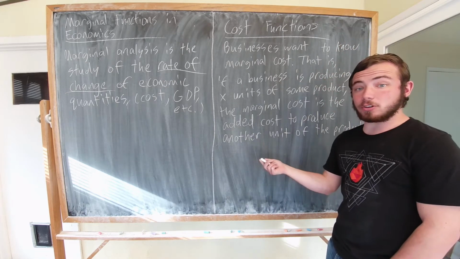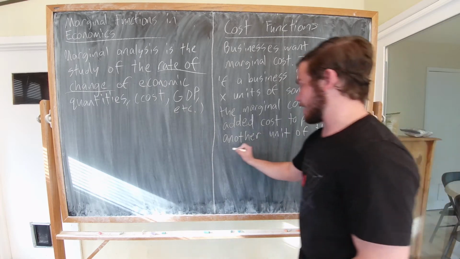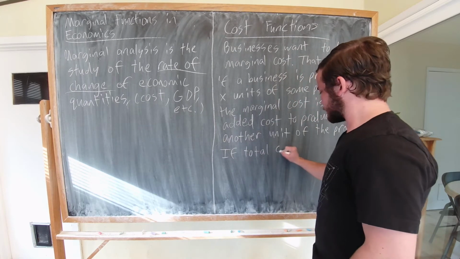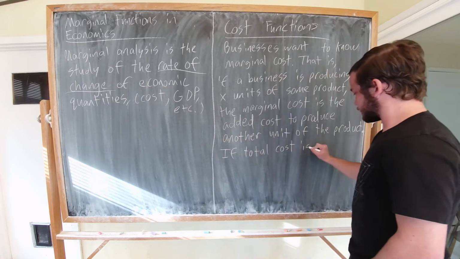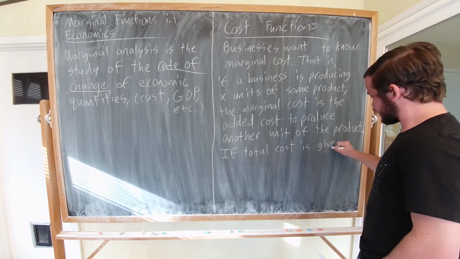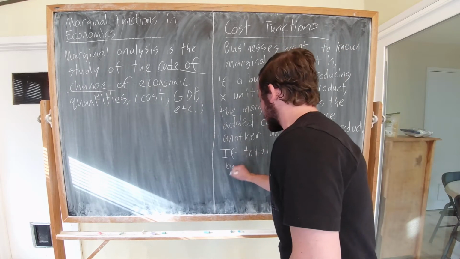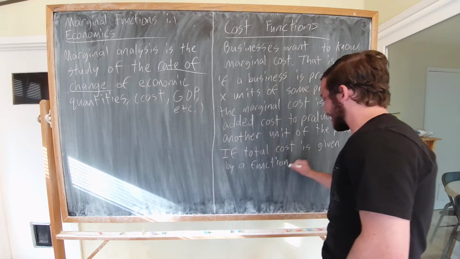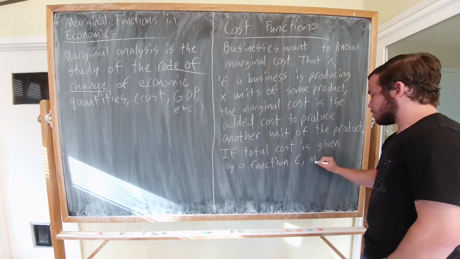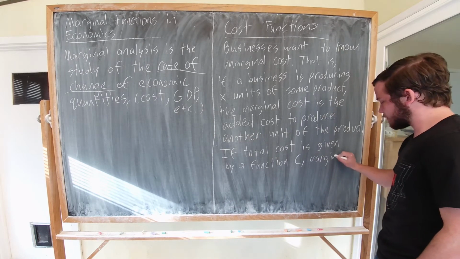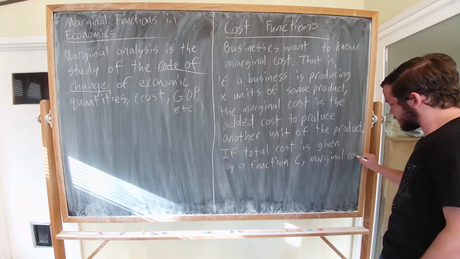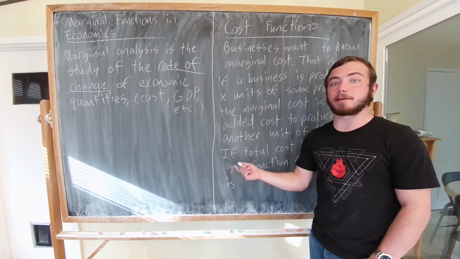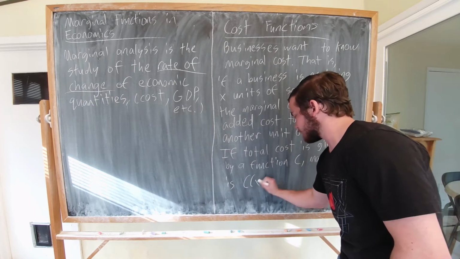So let's say the total cost is given by a function C of x, or really just a function capital C. Marginal cost is C of x plus 1 minus C of x.